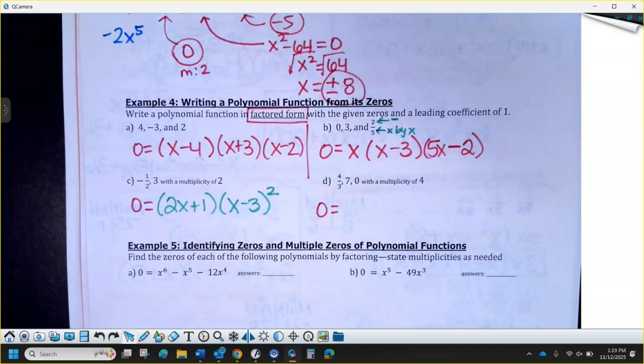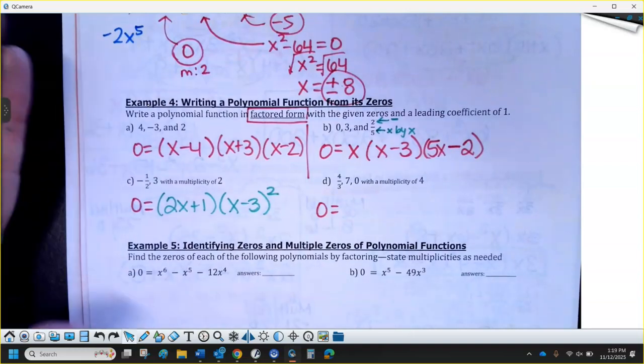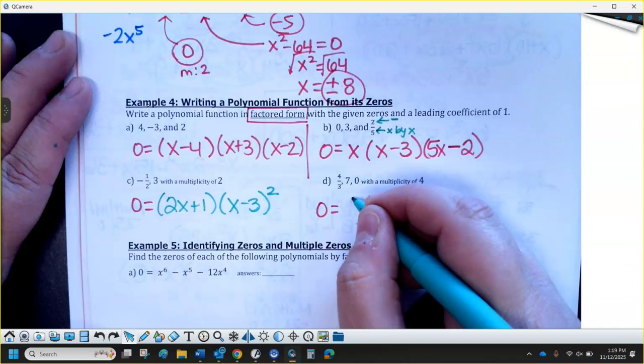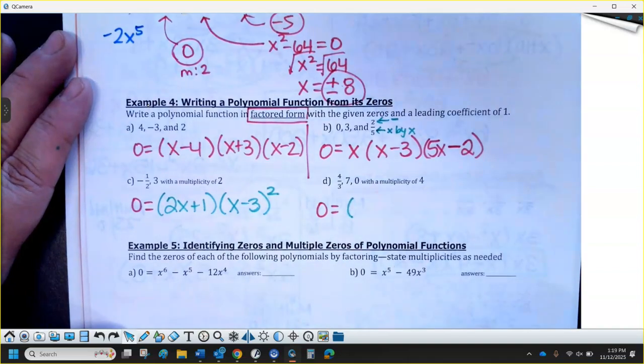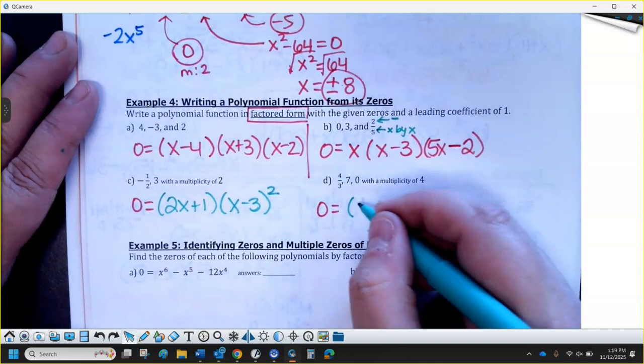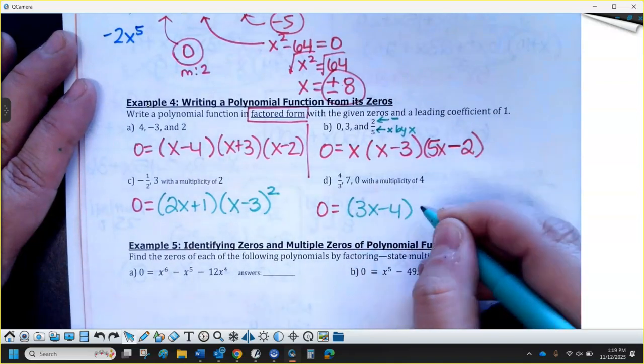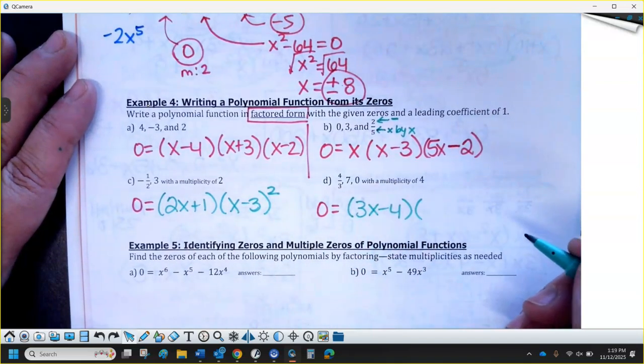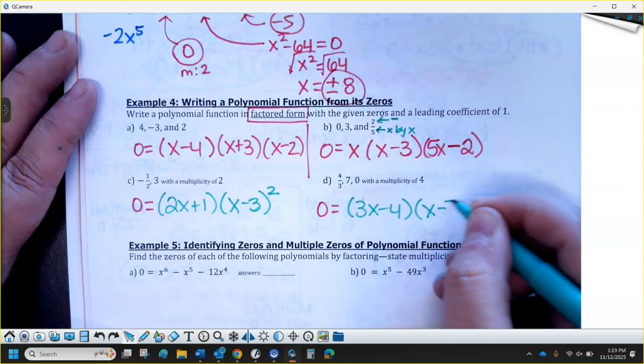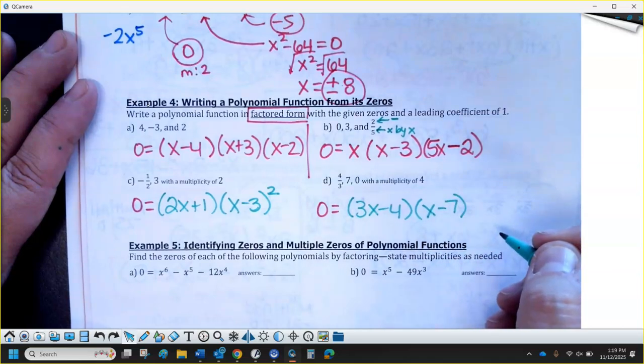How would I write 4/3 as a factor? 3x minus 4. How would you write 7? x minus 7. Now it says 0 with a multiplicity of 4.